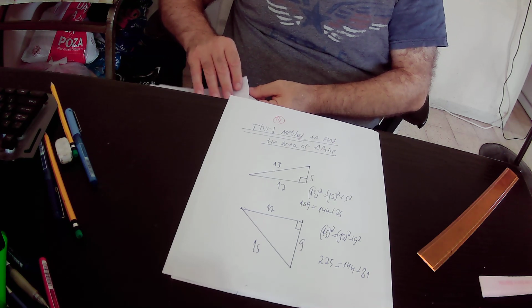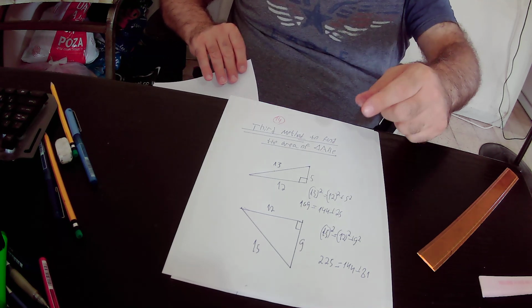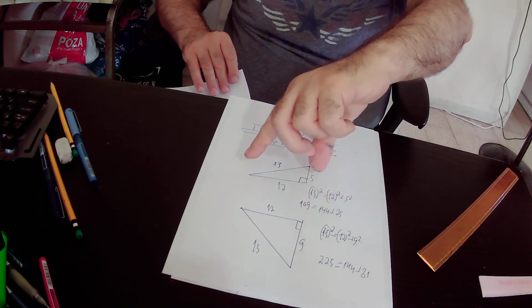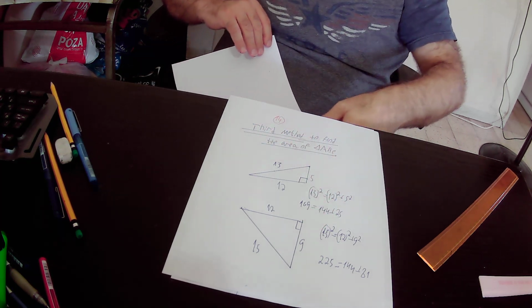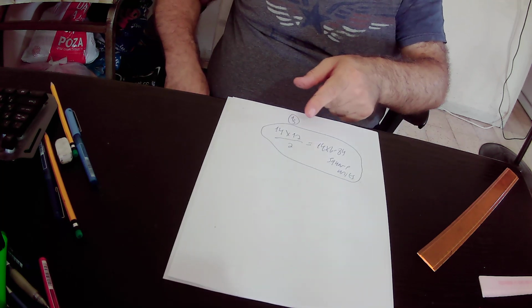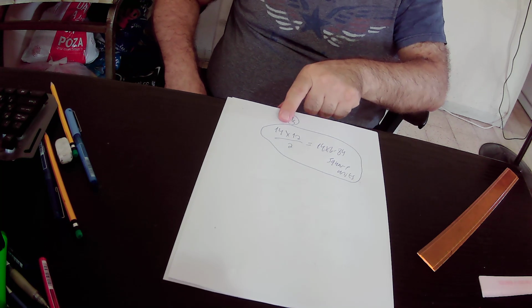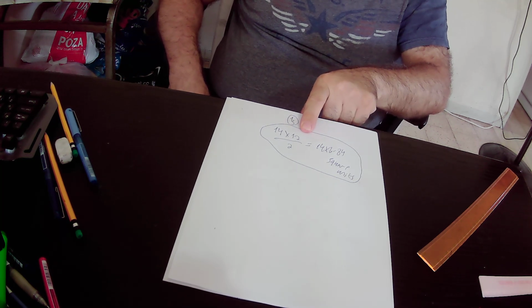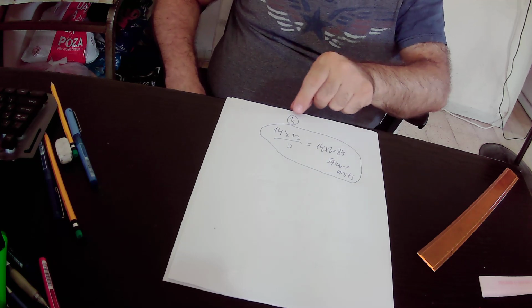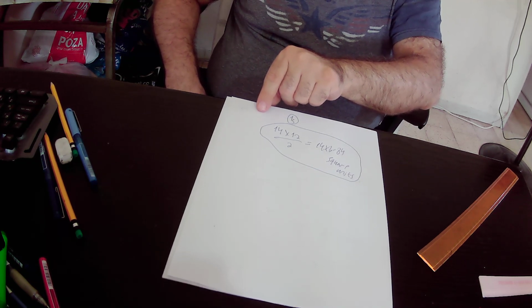And in this way, we proved that if the base of the triangle is 14 units, then the height to the base is 12 units. And we know that the area of any triangle equals the base times the height over 2. So the base is 14 units, the height is 12 units. So in total we found that the area of triangle ABC equals 84 square units in the third way.